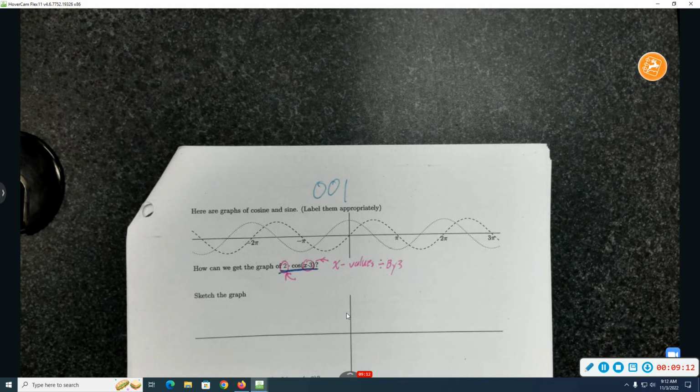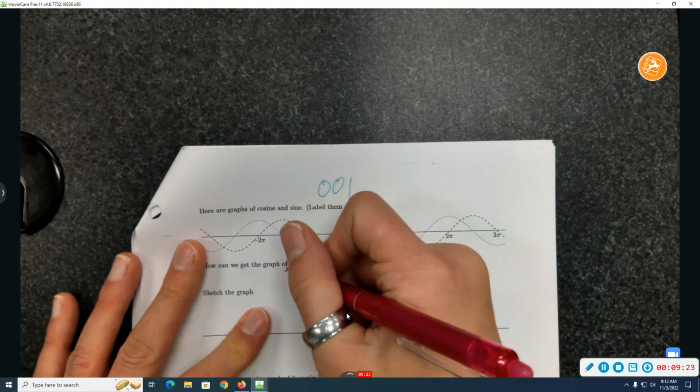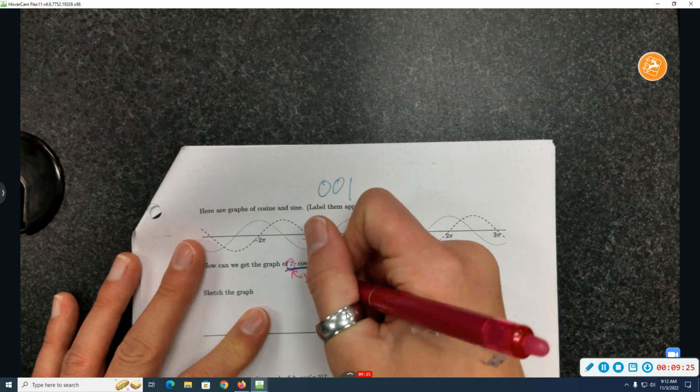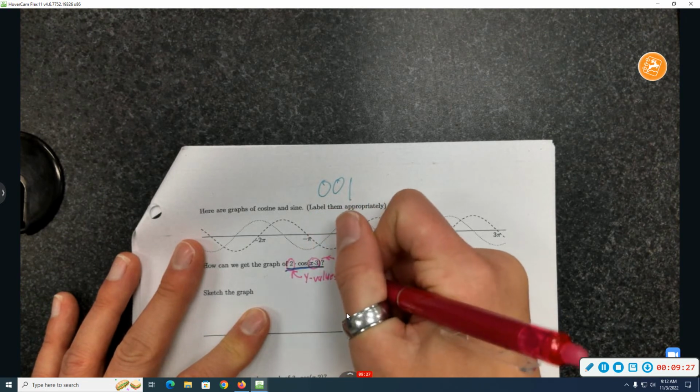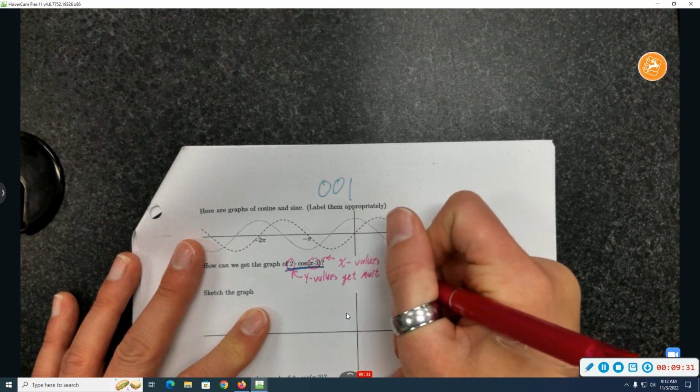Perfect. Yeah. So the y value is the output. That'll take cosine and multiply all the outputs by 2. So all the y values get doubled. Y values get multiplied by 2.